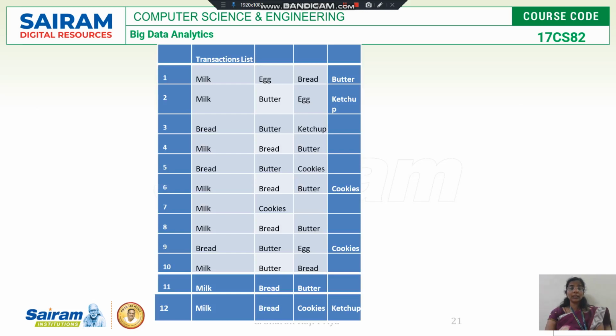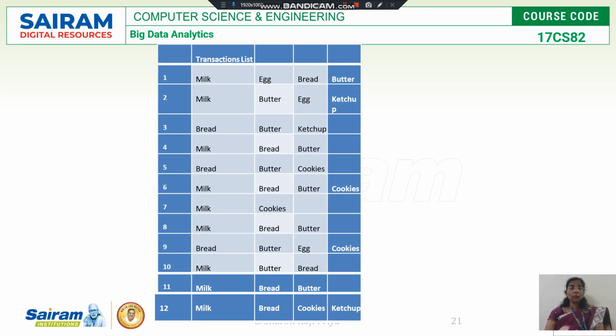And we can discuss an example. Given a list of 12 transactions, you have to find the frequent item sets. An item set is a combination of one or two items together.